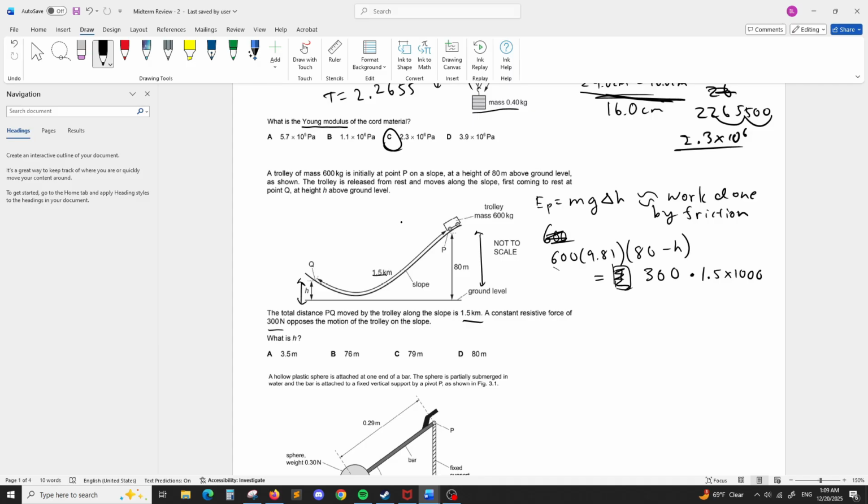Where are the variables though? Here? Okay. And then 300 multiplied by 1.5 multiplied by 1,000. And then you get h is equal to 3.547, which is about 3.5 meters, which is A.